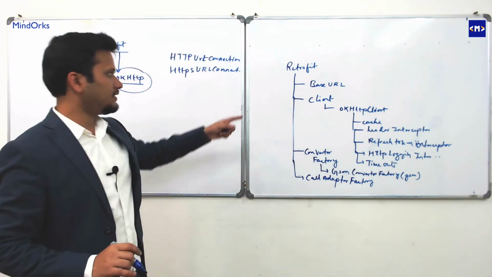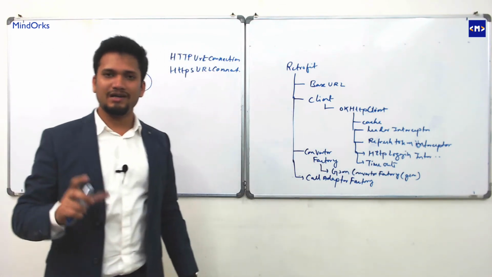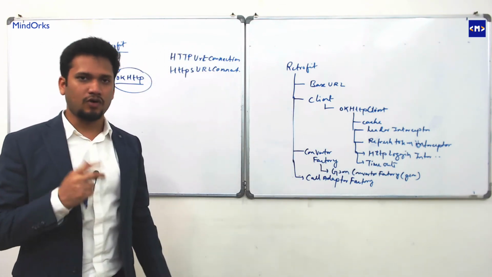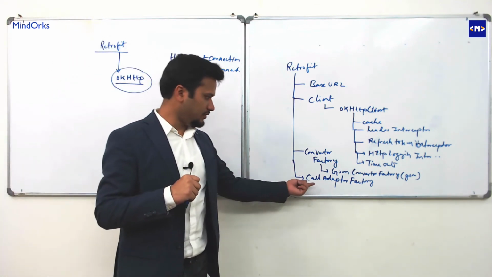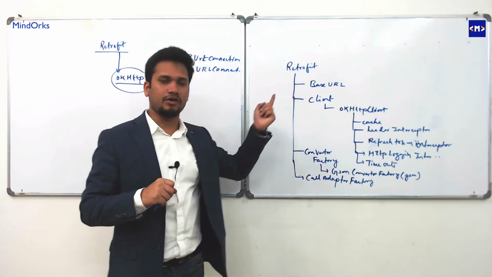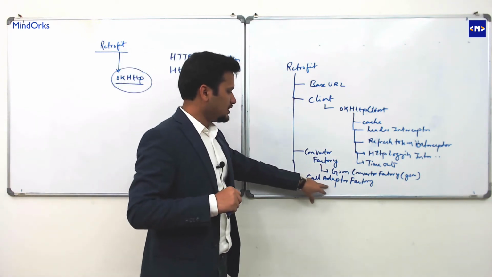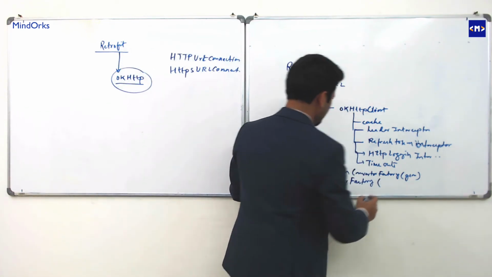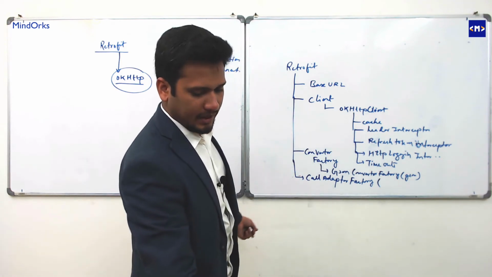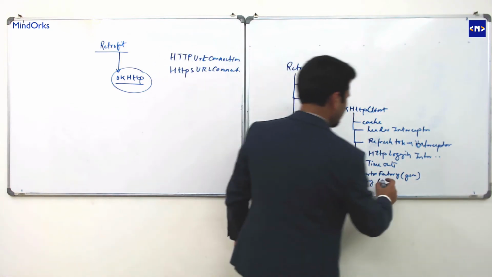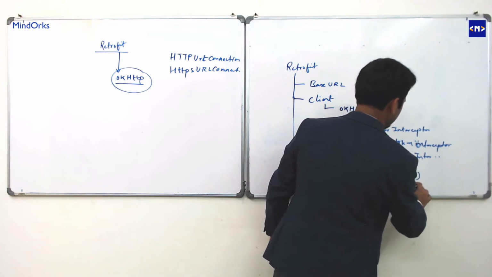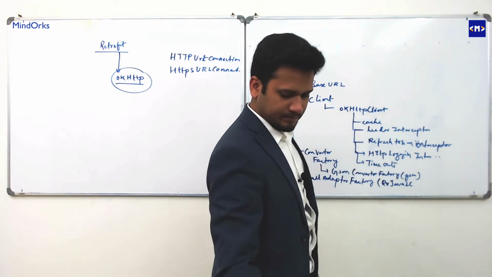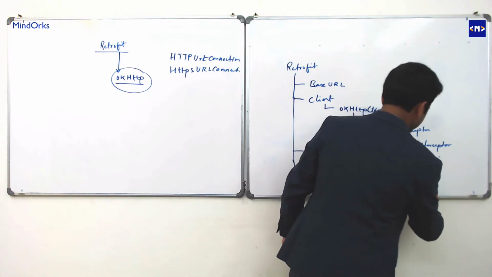So basically, Retrofit does not provide RxJava observables by default. It provides a Call object, but we want to use it with RxJava. So in order to do that, we will provide a call adapter factory, and that will be the RxJava 2 call adapter factory.